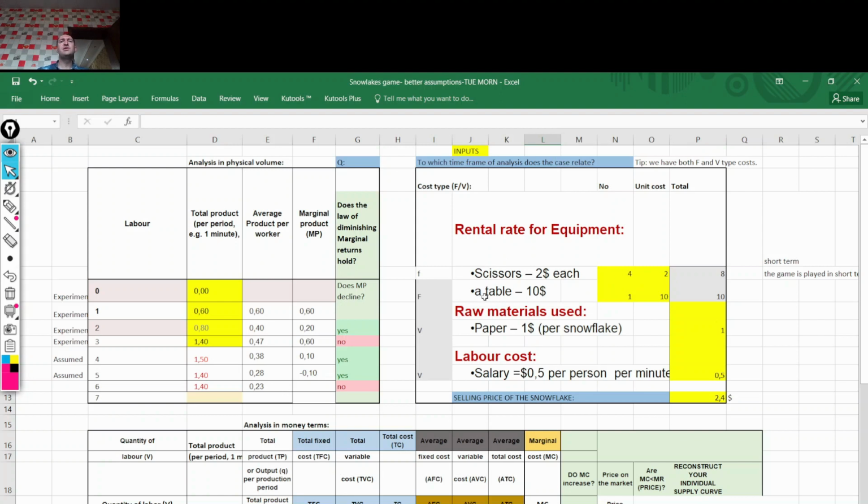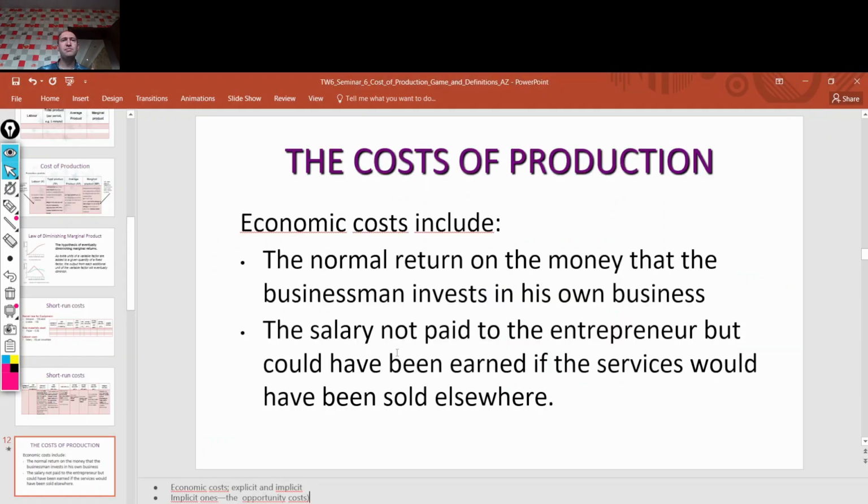Those returns are opportunity costs to your business, meaning the implicit economic costs. So always consider not just the explicit accounting costs of running a business, but also the implicit costs not visible in the accounting records, but prevailing in the economic sense just as well. Always do that.